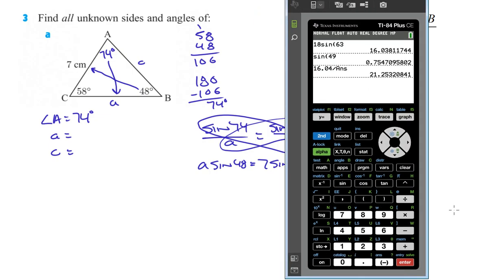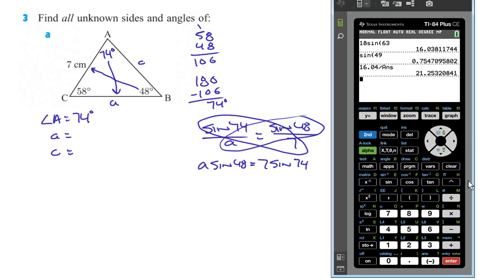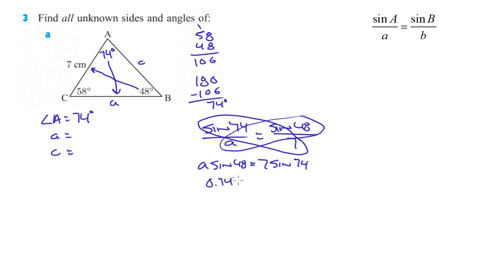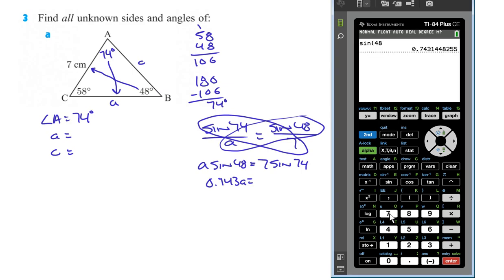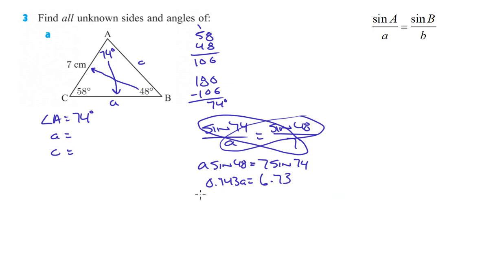So let's see, sine 48 is 0.743, so 0.743A equals 7 sine 74, which is 6.73. Right? Divide both sides by 0.743.